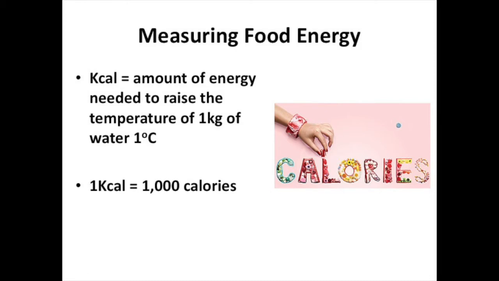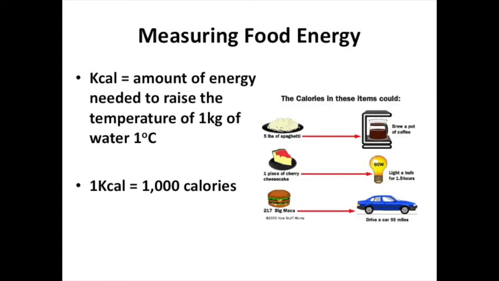That's kind of a strange concept, but if we think of it this way, this is how many calories it would take to do a variety of different things around your house. So 5 pounds of spaghetti has enough energy in it to brew a pot of coffee. If we think of calories in terms of energy, that can help us wrap our head around it a little bit better.